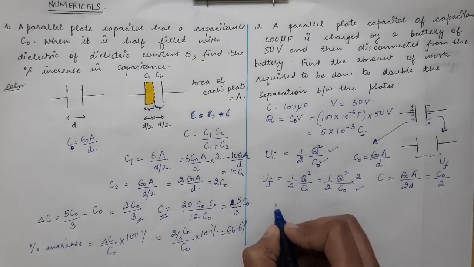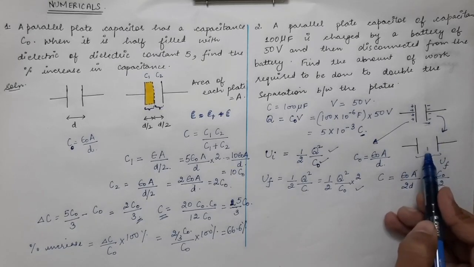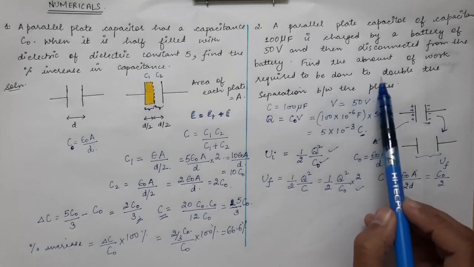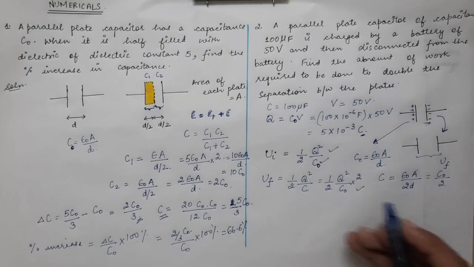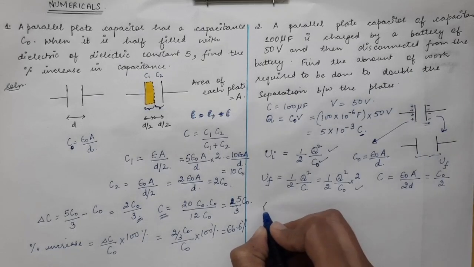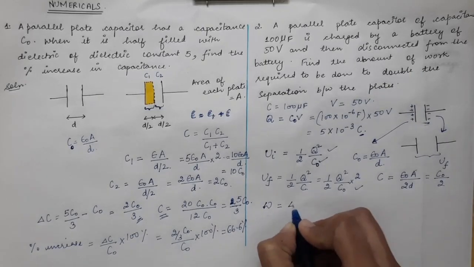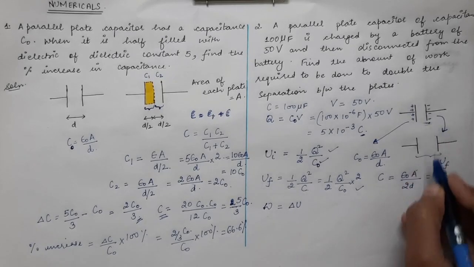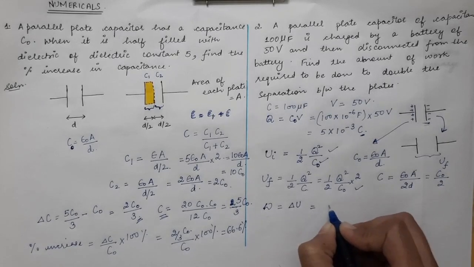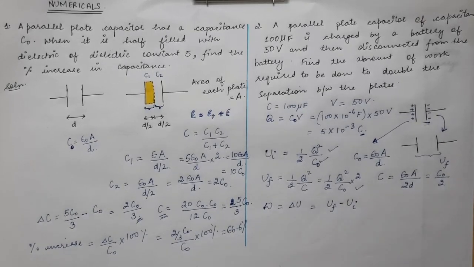So what is the difference in the potential energy? The difference in potential energy of these two capacitors will give us the amount of work that we have to do so as to double the separation between the plates of the capacitor. So amount of work that has to be done is represented by capital W, and it will be nothing but equal to UF minus UI.